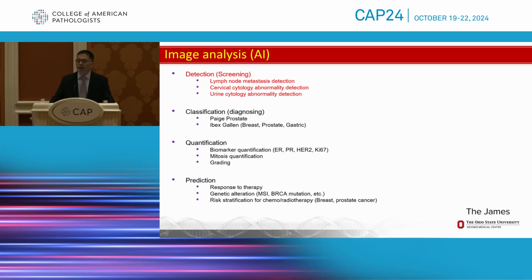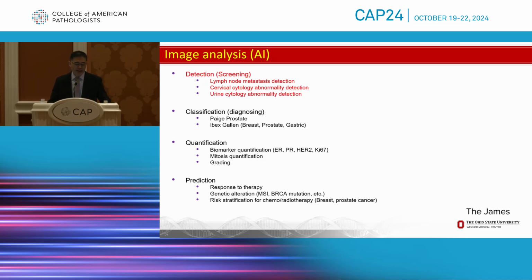Classification, basically, those tools can help you classify the lesion, what kind of lesion, whether it's benign, malignant, or very specific, like atypical lobular hyperplasia in breast pathology, or prostate adenocarcinoma in prostate biopsy.